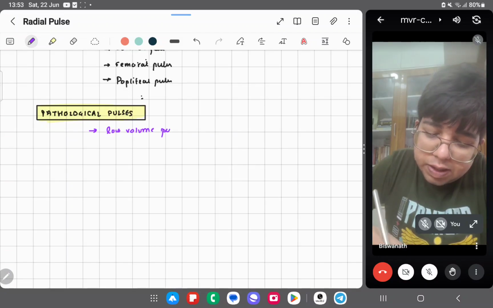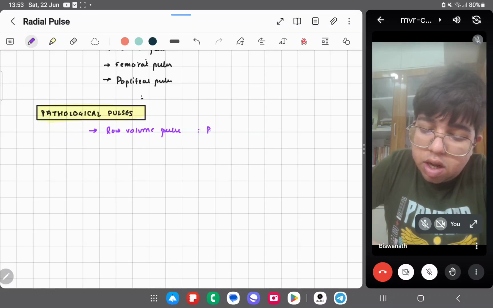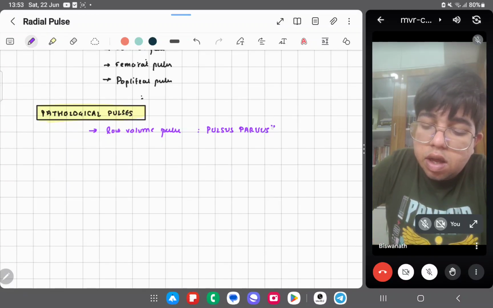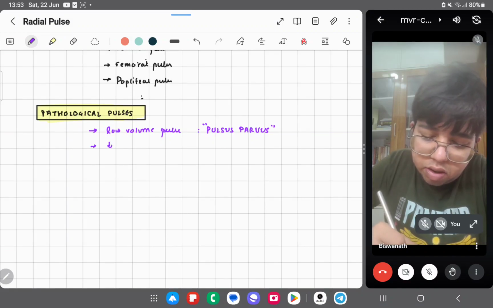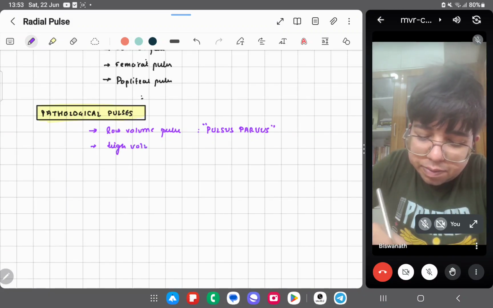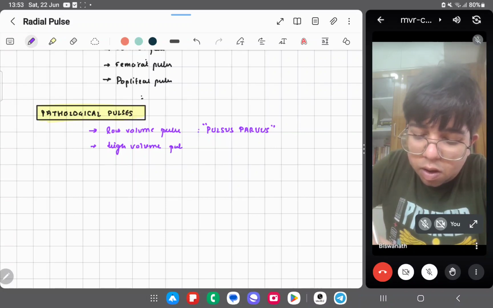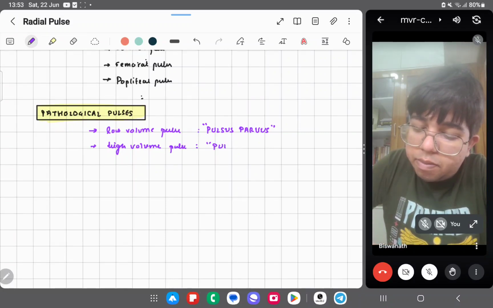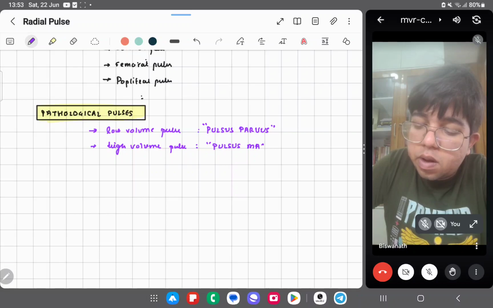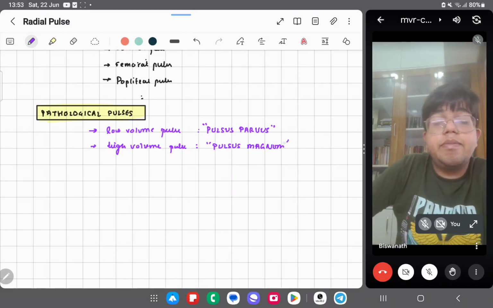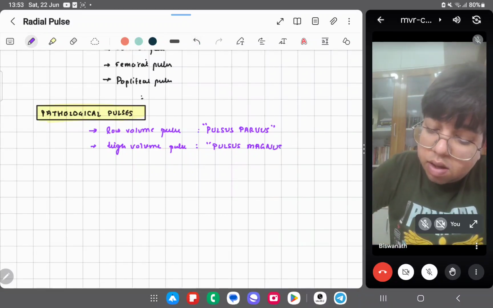So first you can have a low volume pulse which is called pulsus parvus. Parvus means small. Or you can have a high volume pulse which is called the pulsus magnus.